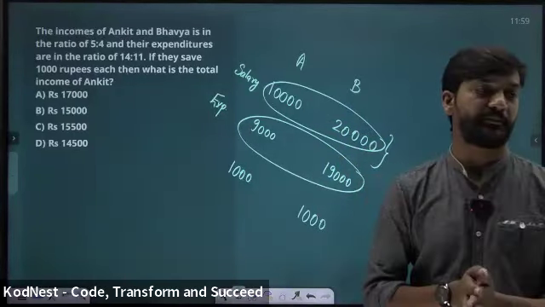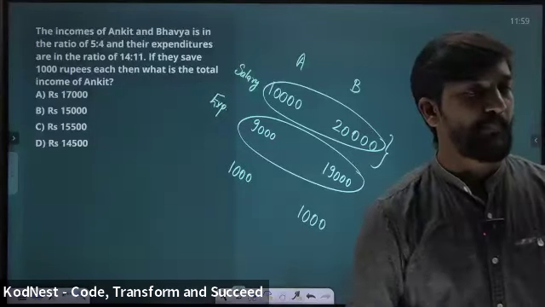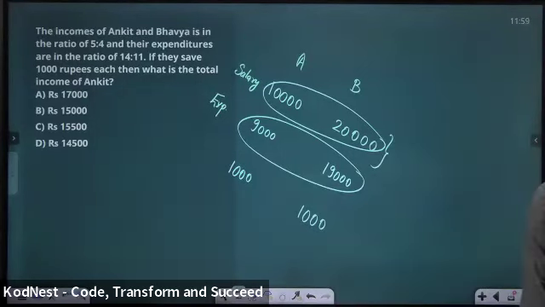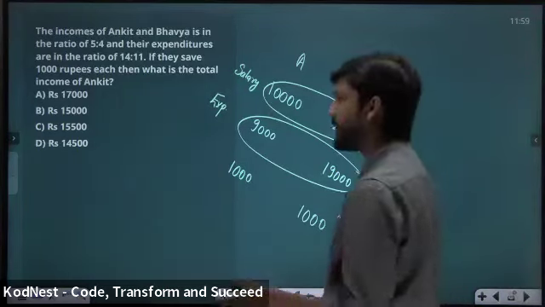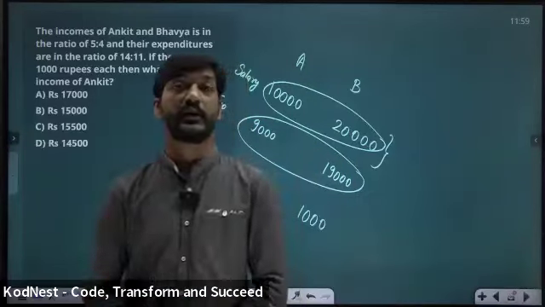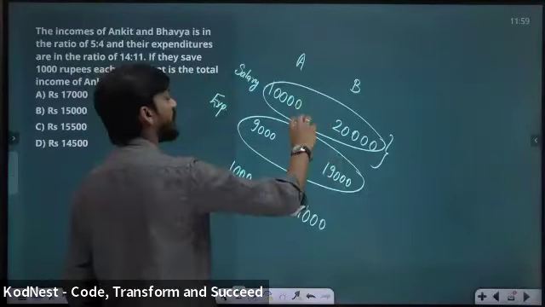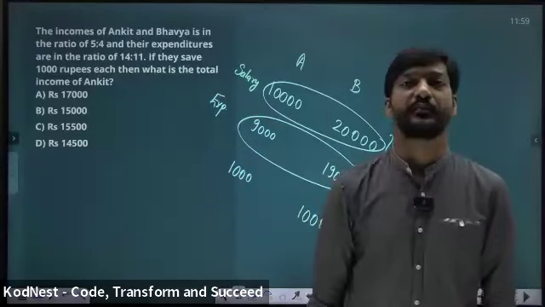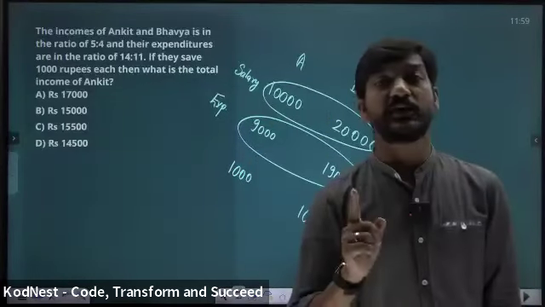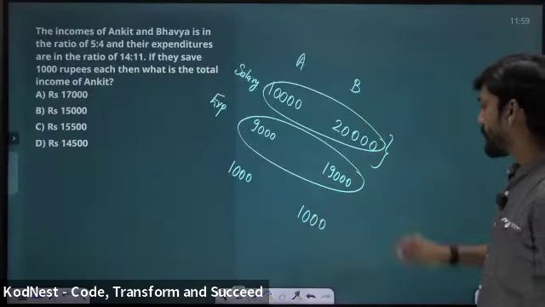What is that? Difference. Difference will be same. It will be because the savings are equal. That's why you are not able to think directly. But yes, difference of income, difference of expenditure also will be same. Okay, so difference remains same in such situations.